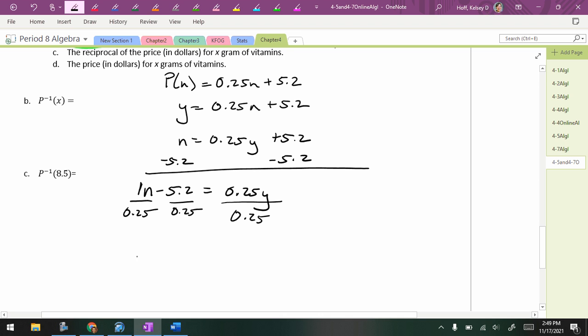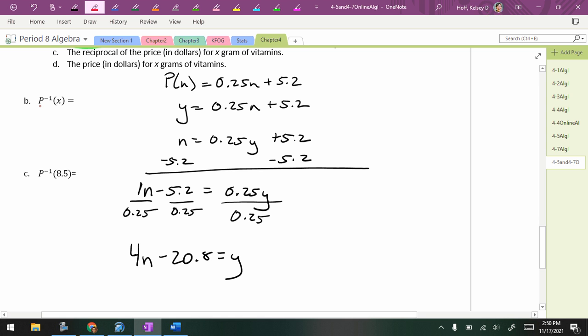So 1 divided by 0.25 is 4n. 5.2 divided by 0.25 is minus 20.8 equals y.